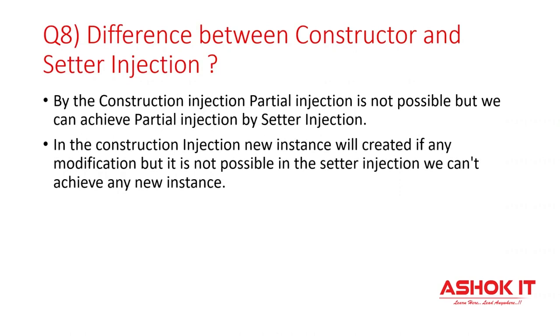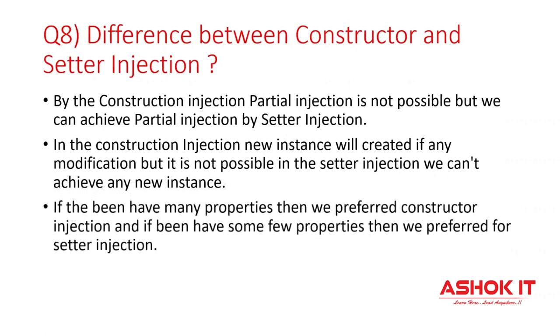Constructor injection generally always creates a new object. But if you want to modify, you can use setter injection. Setter injection never creates any new object. It only modifies the existing one. If you have multiple properties and you want to pass all of them in order, then constructor injection is preferred. If you want to inject only a few fields now and the remaining fields later on, it is recommended to go with setter injection.